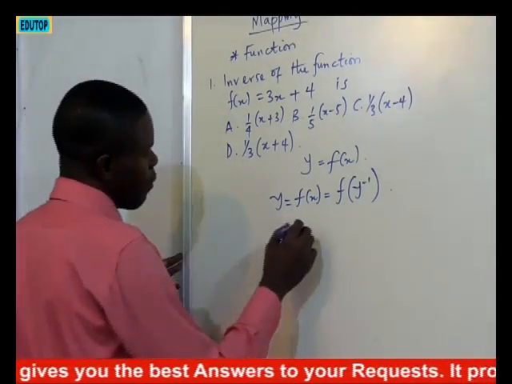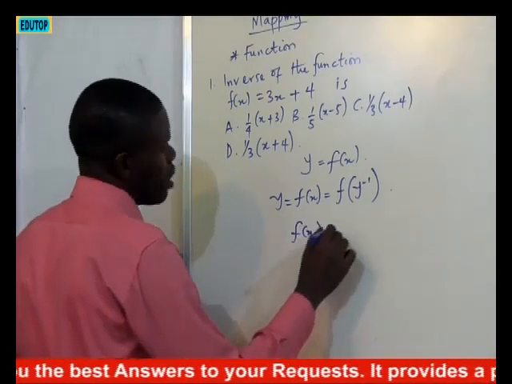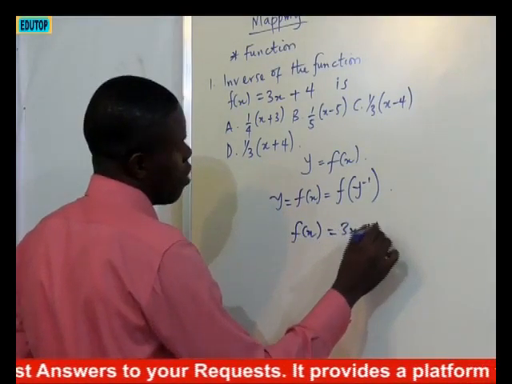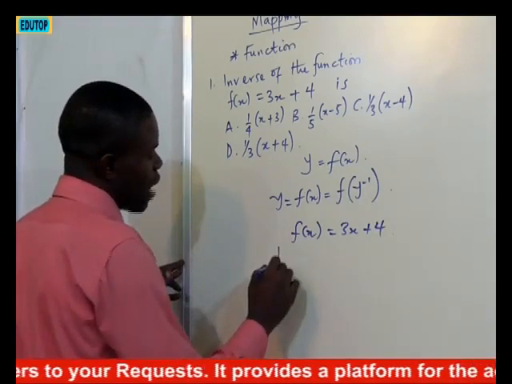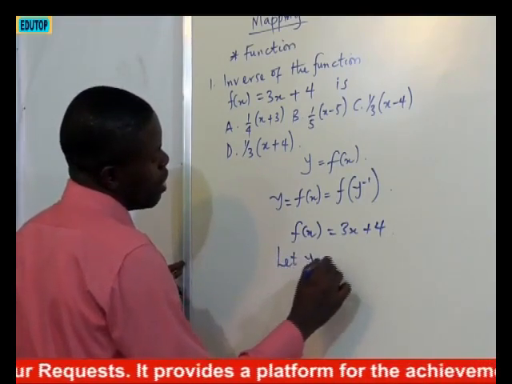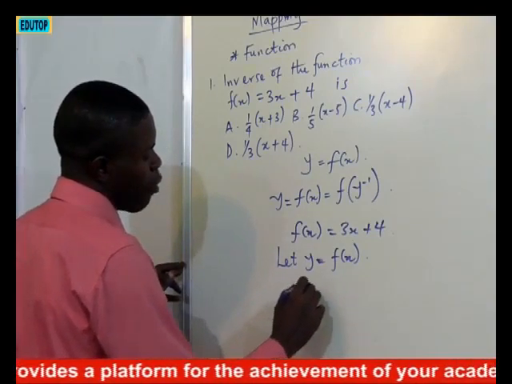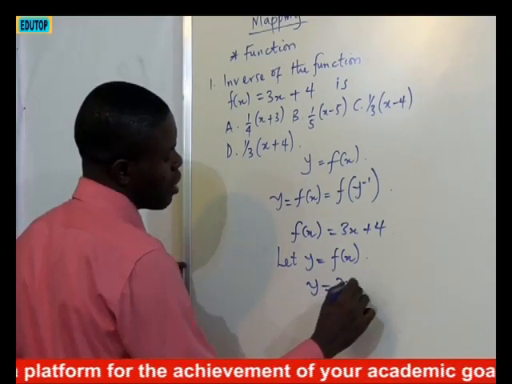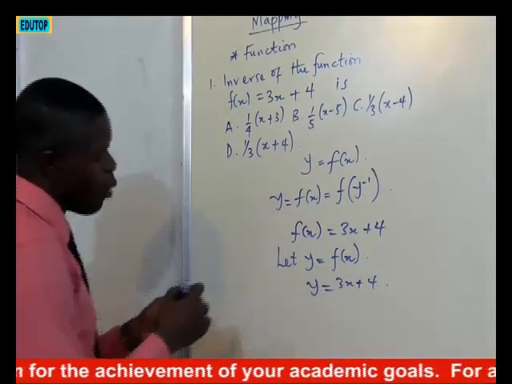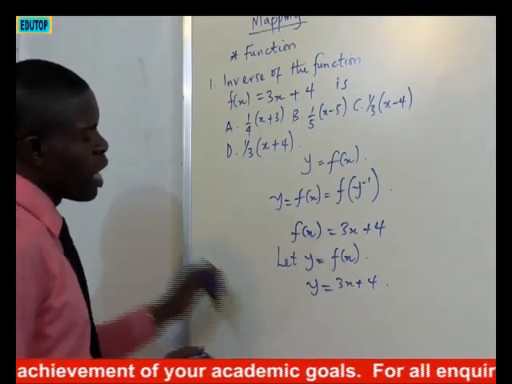The question gave us that the function of x is equal to 3x plus 4. So in this situation, the first thing we do is assume that y is equal to function of x. Then in that situation, I will have y equals 3x plus 4. The next thing I will do is make my x the subject of the formula.